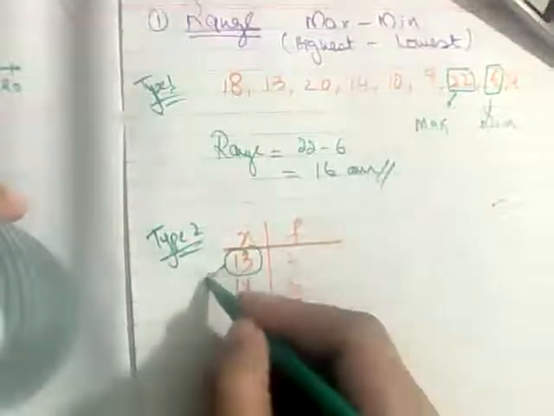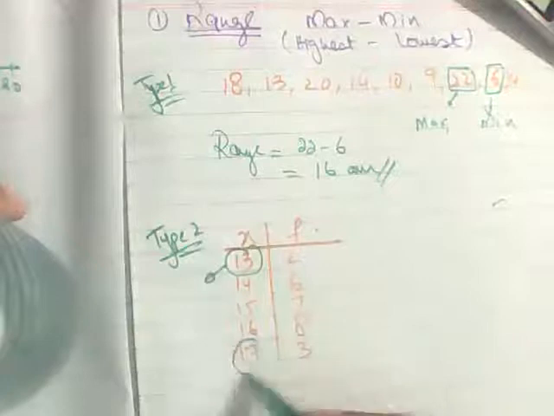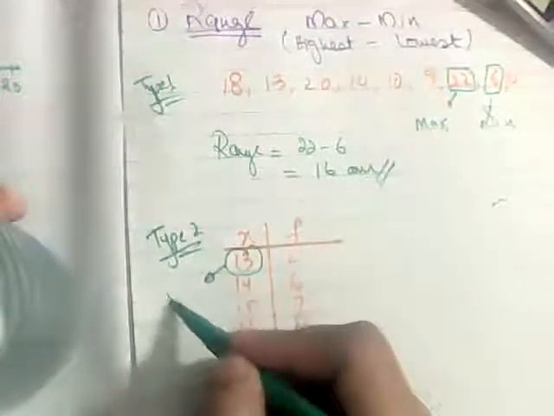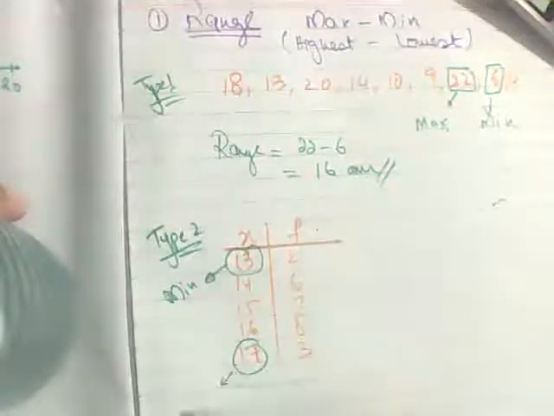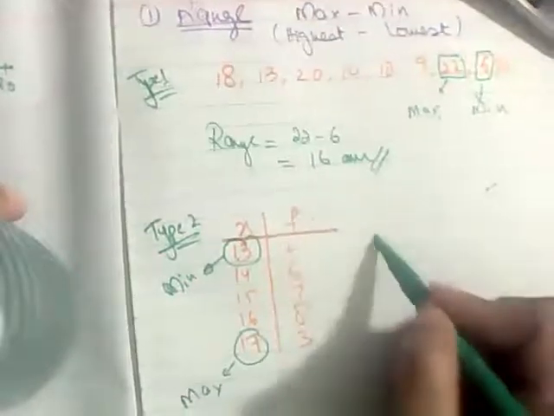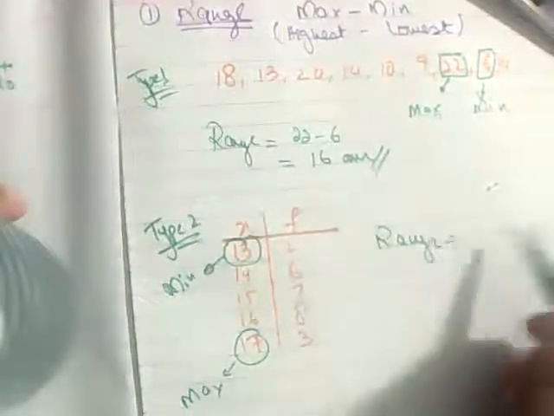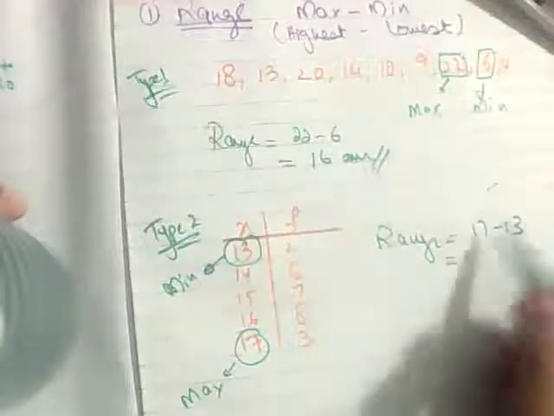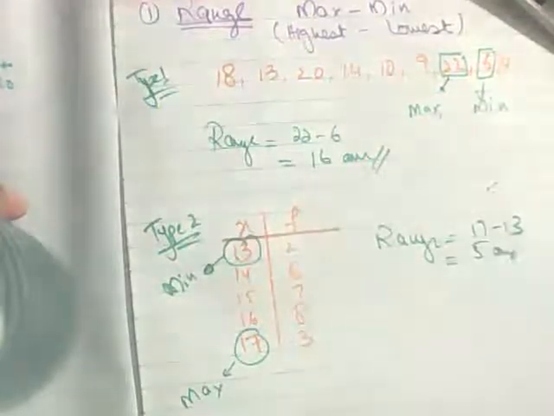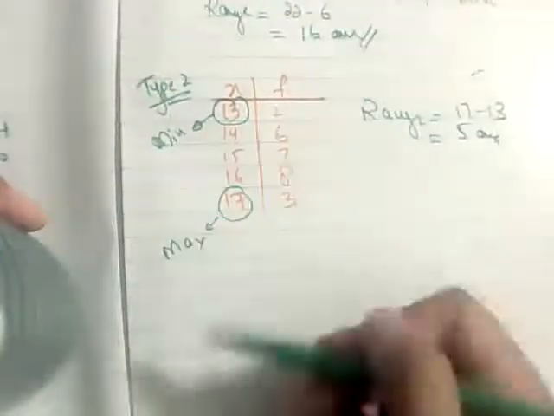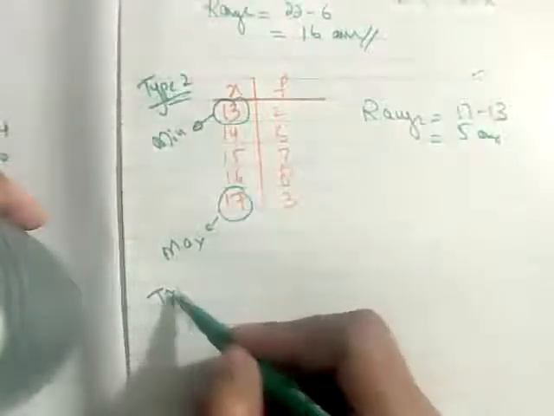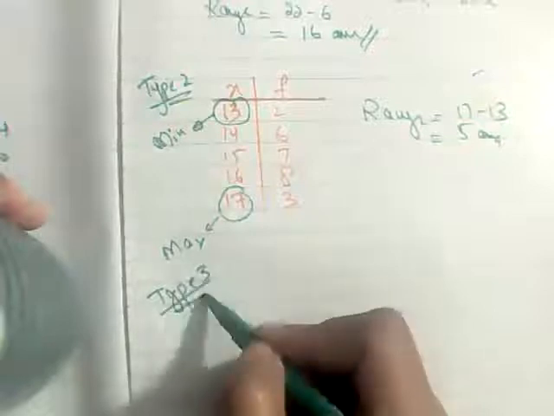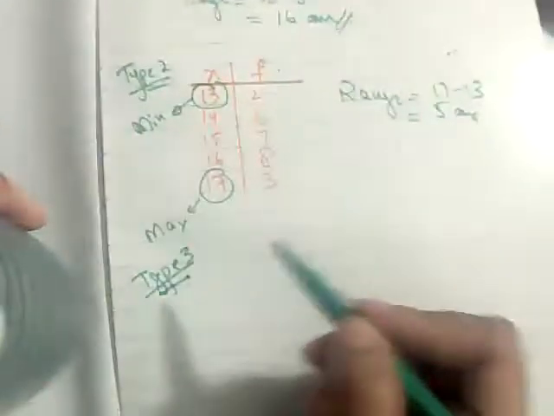No, it's always in order. So it's again quite easy. You pick up the least value, the minimum, and the maximum value. So in this case, range is 17 minus 13, which is 5 is the answer.